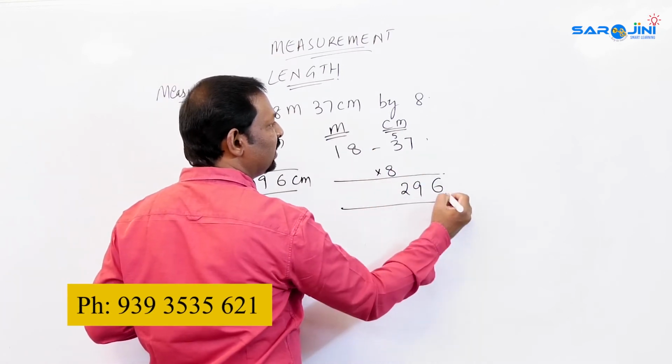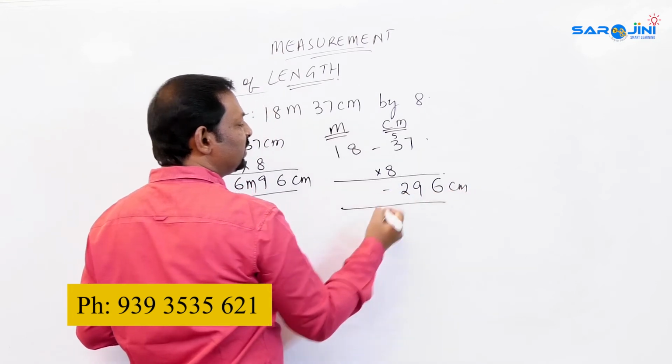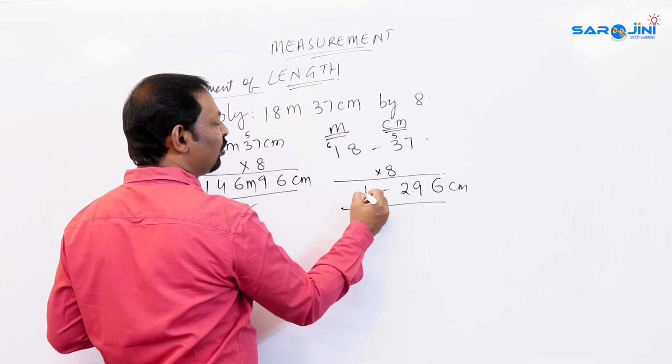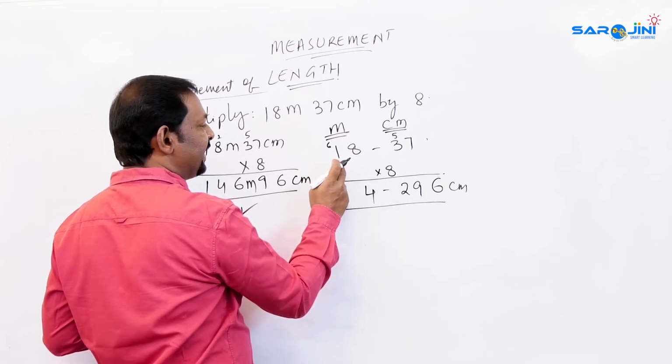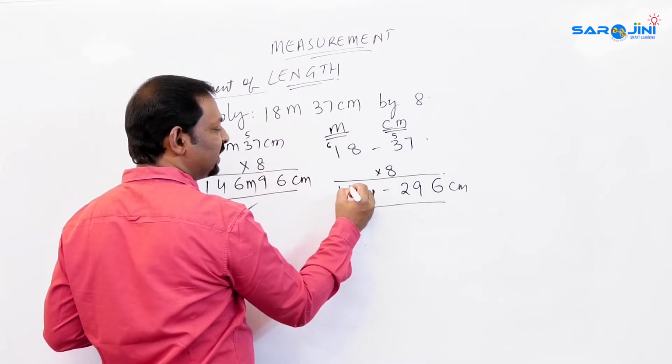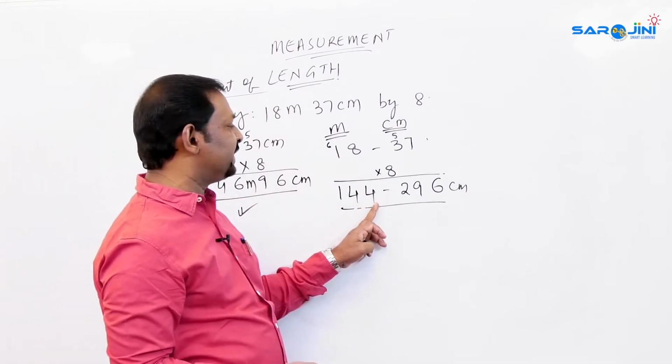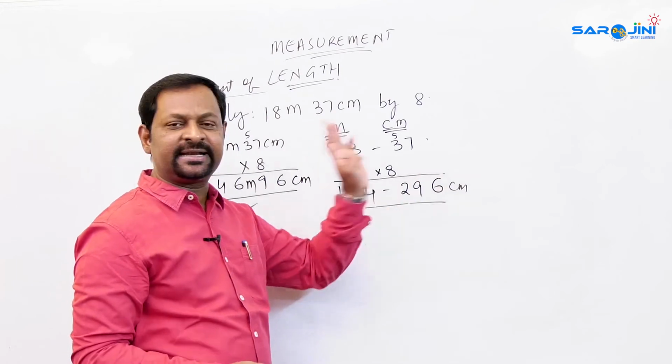These are nothing but centimeters. Now we'll think about meters. 8 8s are 64, 8 ones are 8 plus 6, that is 14. So you got 144 meters, 296 centimeters.